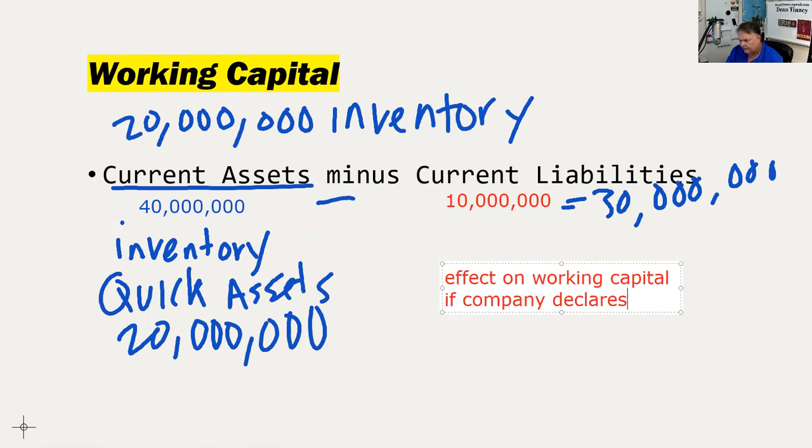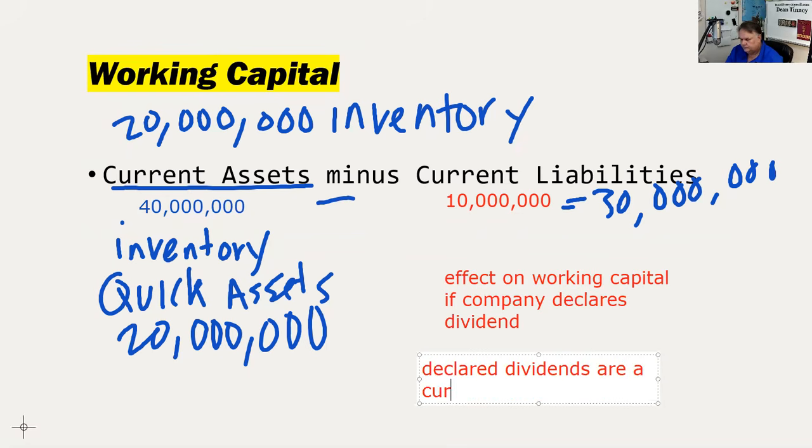You only have a right to a dividend if declared by the corporation. But once that company declares that dividend, it becomes a current liability. So declared dividends, once the board does it, become a current liability. Means it needs to be paid within the next 12 months.